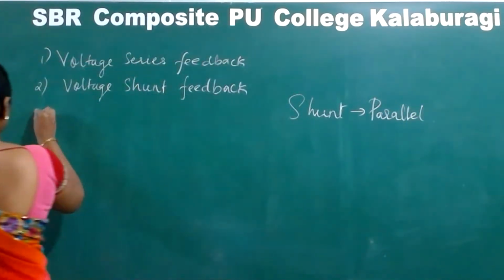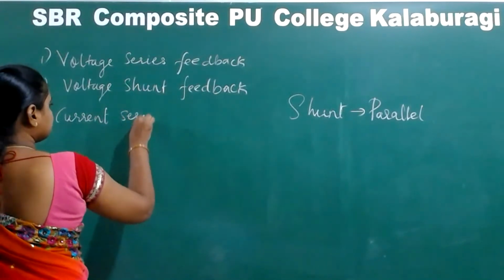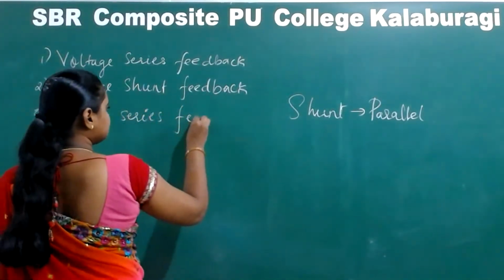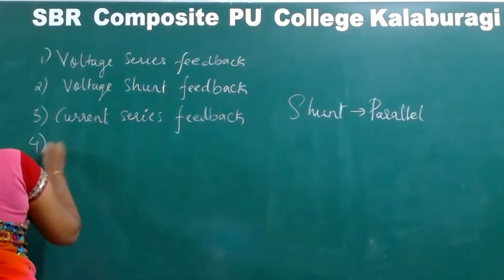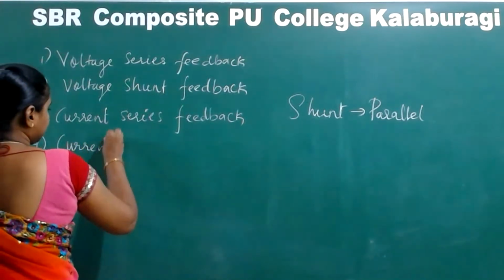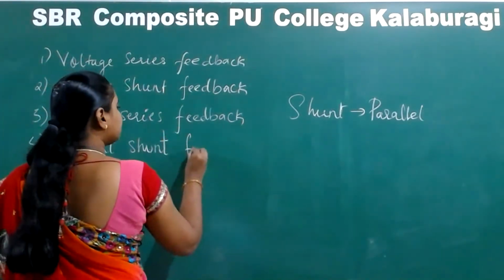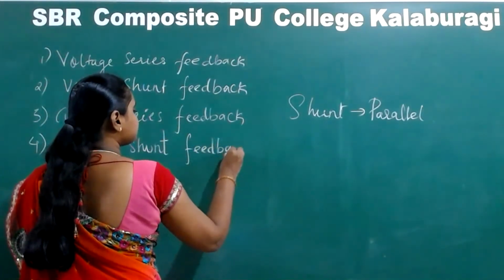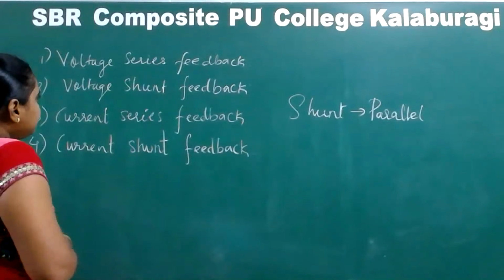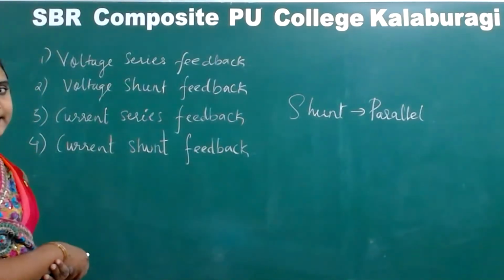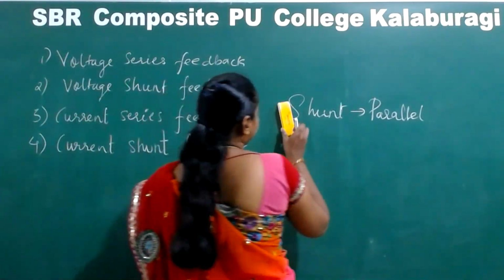Next, current series feedback, and the fourth one, current shunt feedback. Okay, so the four types are classified like this. Now I will draw the block diagram for each.